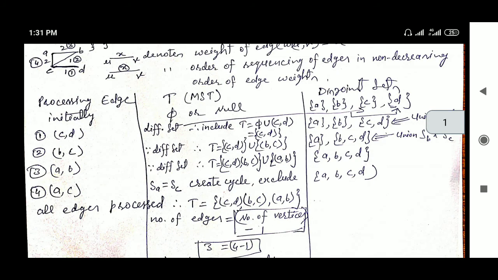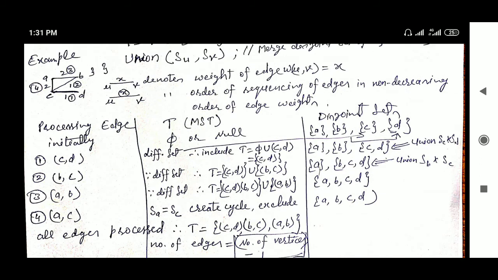Okay, so now the second edge BC is taken into consideration. So can we choose it in the MST or not? By observation we can see that it is not creating a cycle, but mathematically it can be understood by the stupid machine computer using disjoint sets.